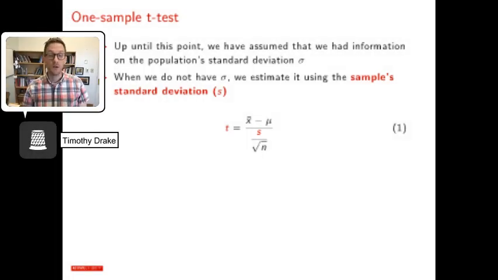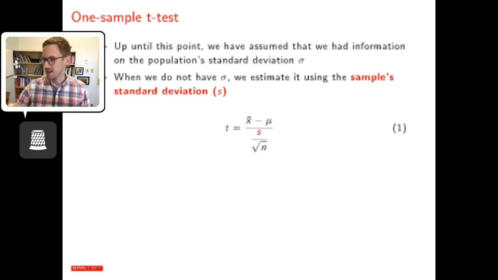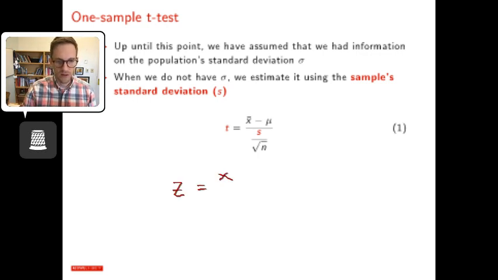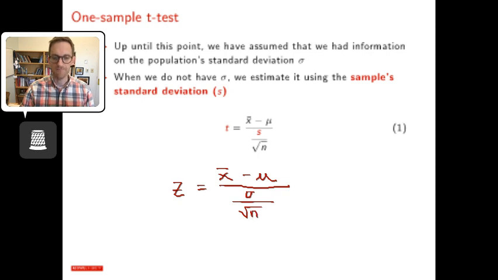Okay, so in the last lecture, as we went through this process that I just outlined, we learned about using the one sample Z statistic. If you were to go back to that formula, you'd remember that it is Z equals X bar, the sample mean, minus mu, which is the population mean, over sigma over the square root of n. Okay?